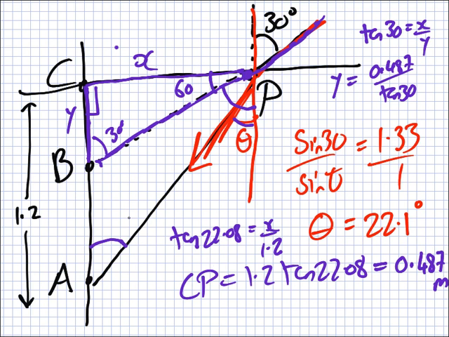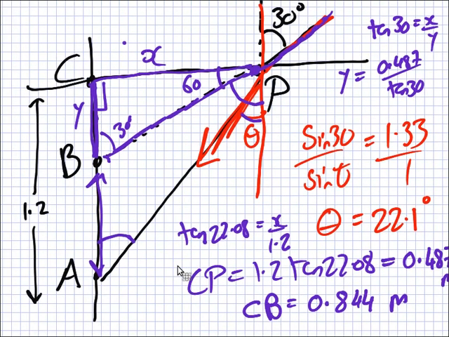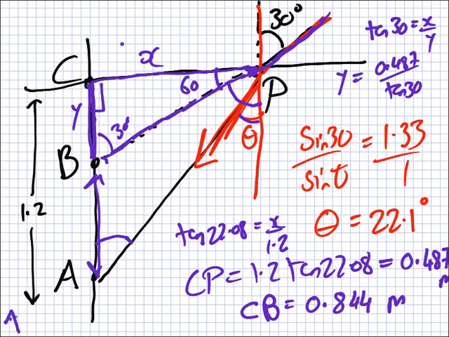Wait, what did they ask for? They asked for CB, which is 0.487 divided by tan 30. 0.8435, yes, 0.844 then. Alright, and the last part is just the difference. AB will equal 1.2 minus that number.